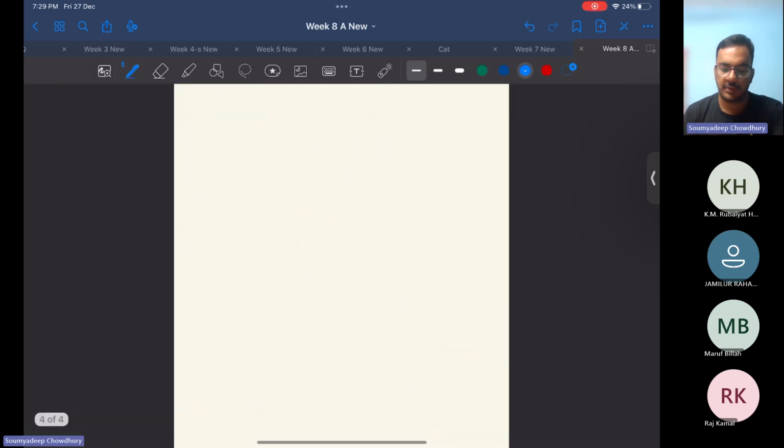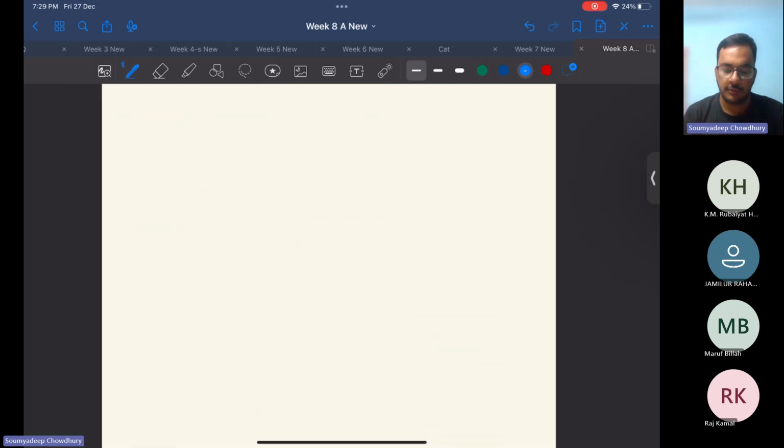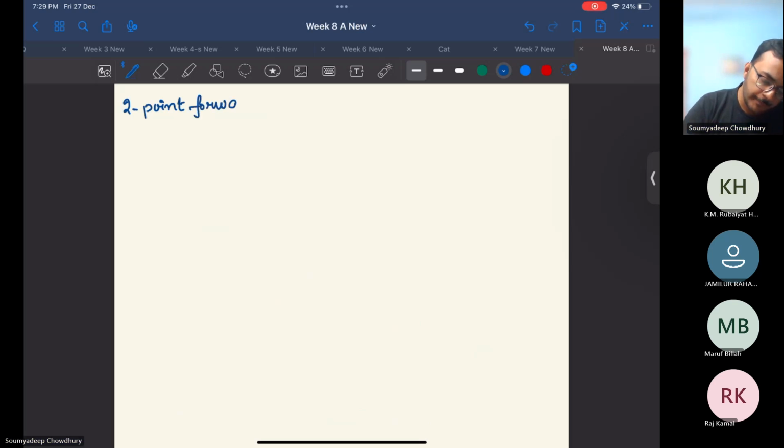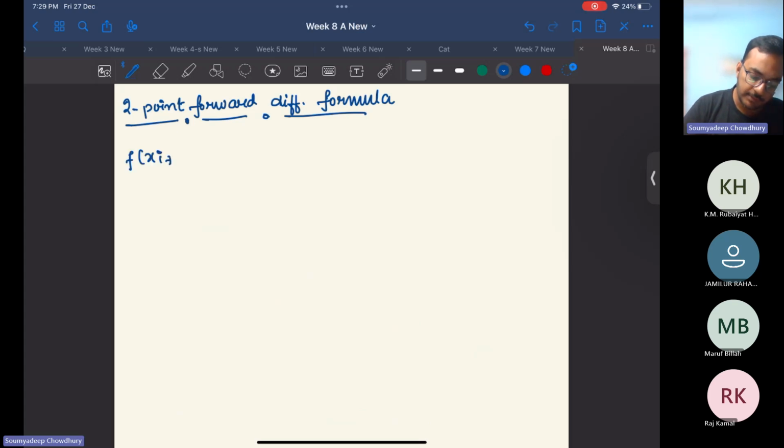So this was using the backward difference formula. Now if you want it using the forward difference, how do you proceed? We have what is called the 2-point forward difference formula. We can write f of xi plus 1.